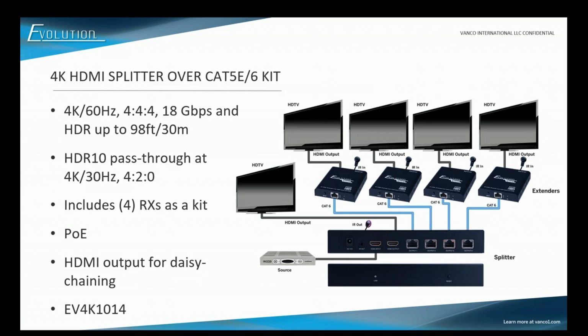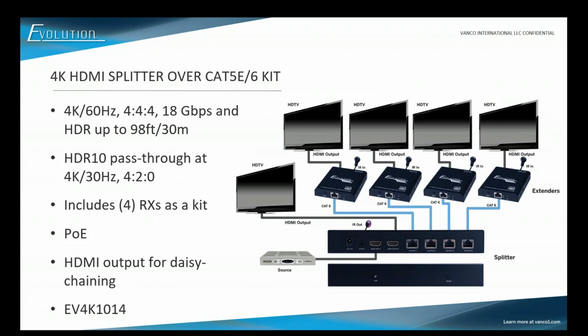We also have a splitter that extends over Cat6, but with 4K capability. So this guy, again, is a 1-in, 4-out with a 5th HDMI. But again, the key here, it's going to do 4K, whereas the previous slide, the max resolution is only going to be 1080p. So this unit passes 4K, 60 frames, 444, 18 gigs, and HDR up to 98 feet.